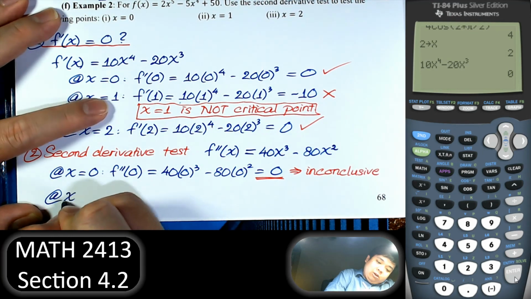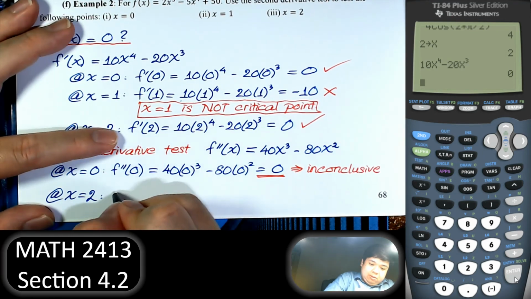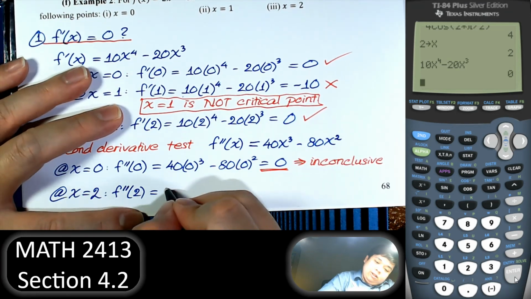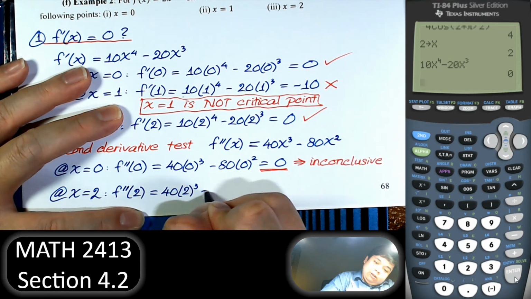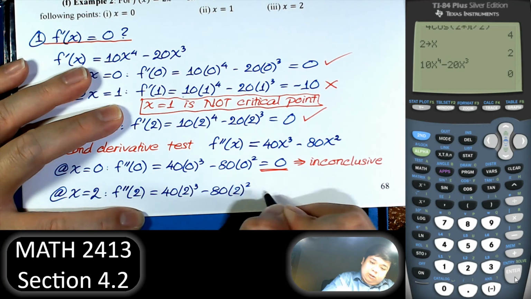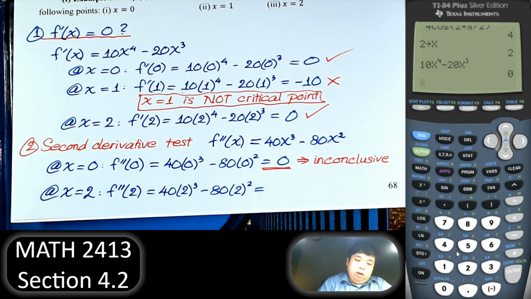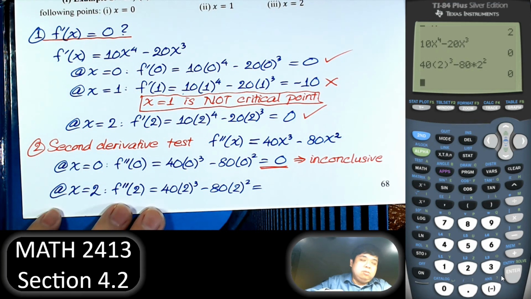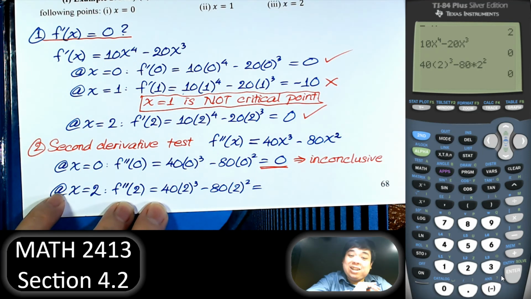Right, at x equals 2, second derivative at 2, just numbers. 40 times 2 cubed minus 80 times 2 squared. Except it is not 80, sorry.